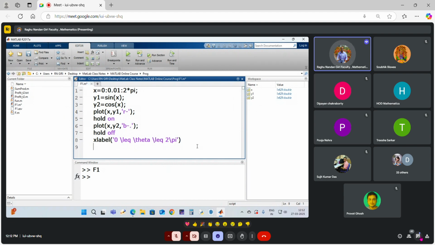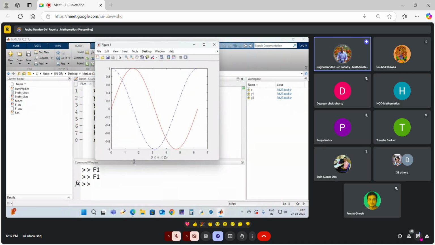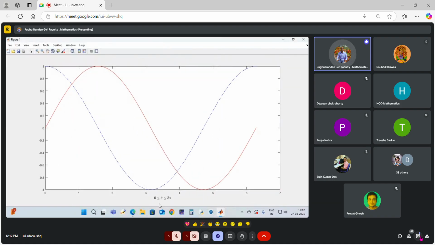Then ylabel, suppose there is no ylabel because two functions are there. So for the x-axis, giving the label, it is 0 less than equal to theta less than equal to 2 pi.